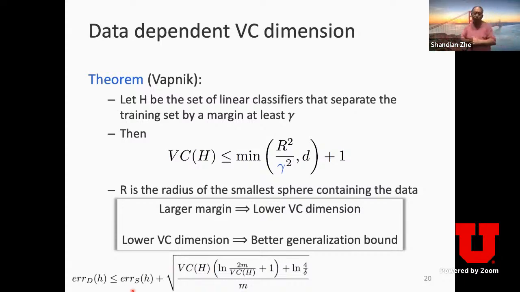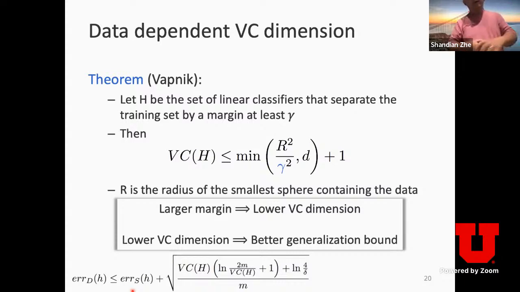The workaround is that, since searching over the entire family of classifiers seems ineffective, we just pick a subset of linear classifiers, a subfamily, and find a hypothesis in it.